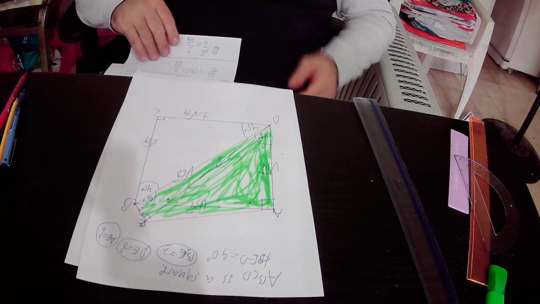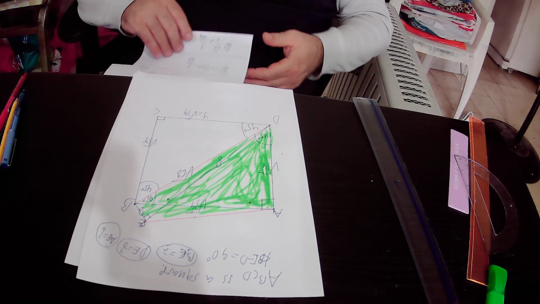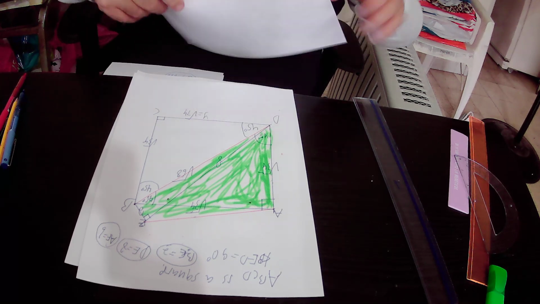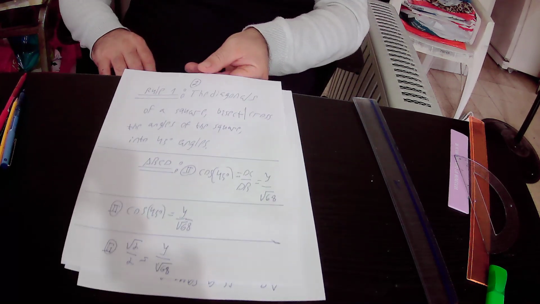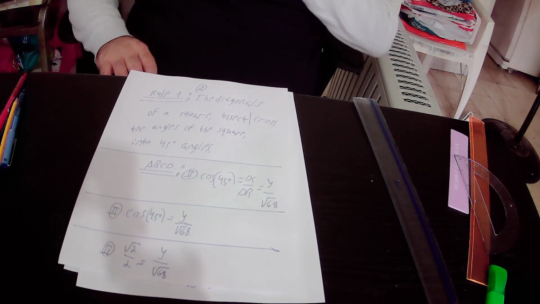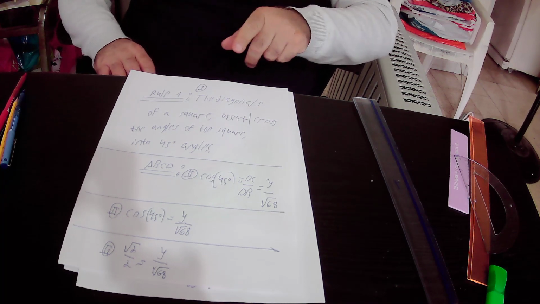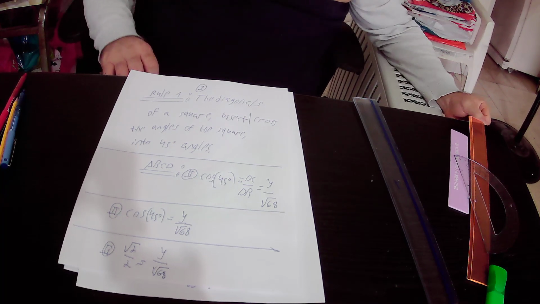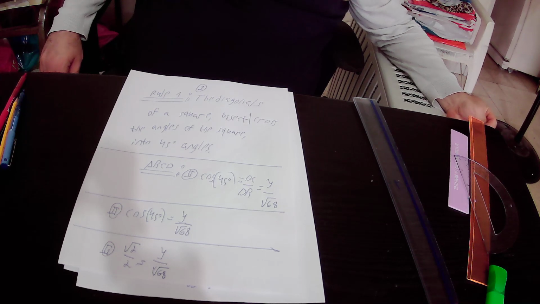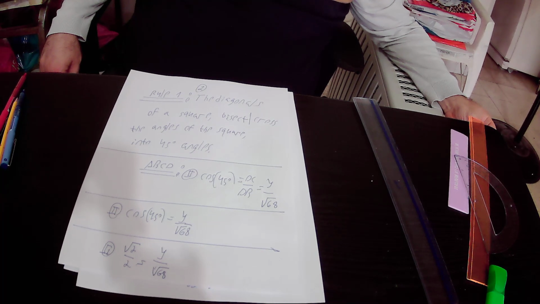Okay, and then I presented to you rule number 1. According to rule number 1, the diagonals of a square bisect the angles of the square into 45 degrees angles.